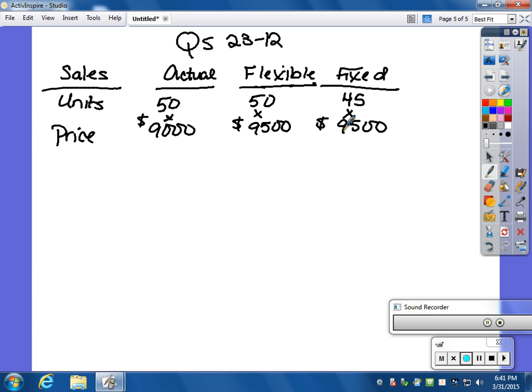And what does it say about preparing flexible budgets? What we're trying to get to is why we would use 50 trucks for the flexible. What does it say about flexible? Right, but why do we use the 50 under flexible? Why not use 45?